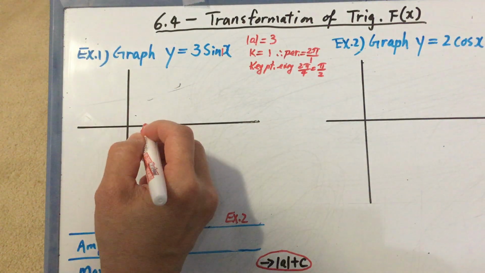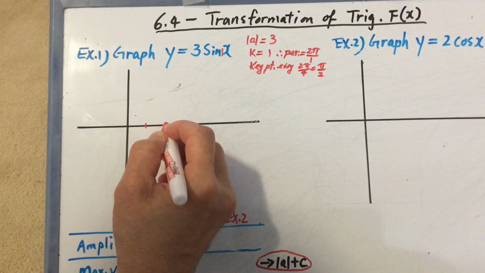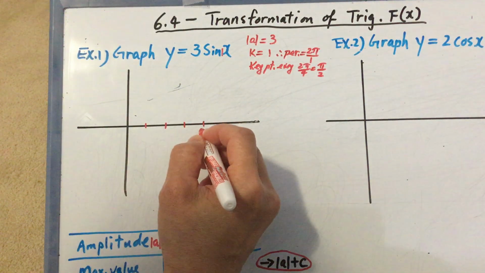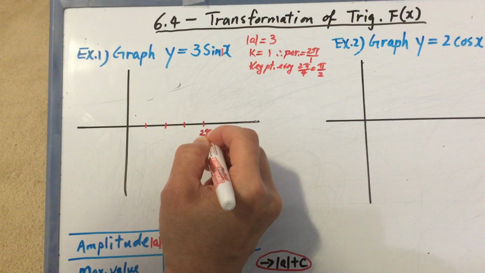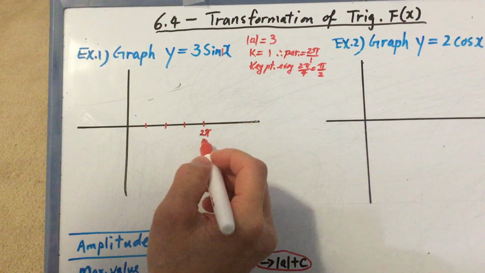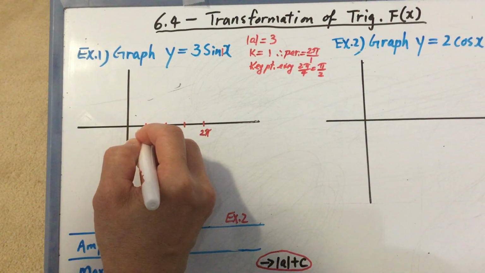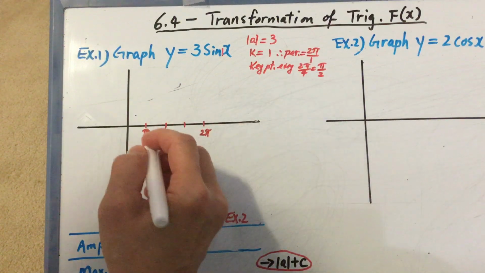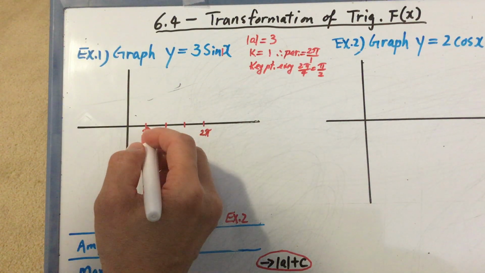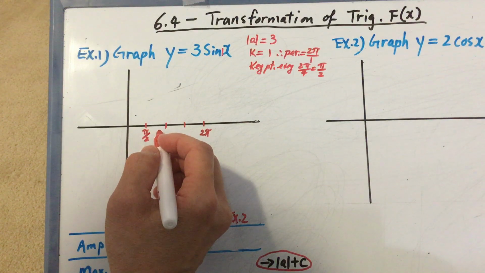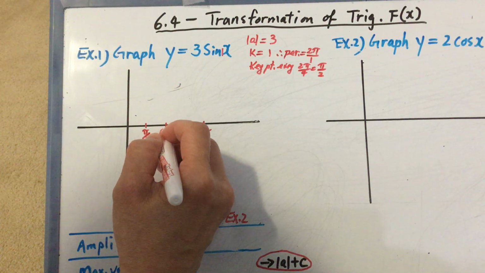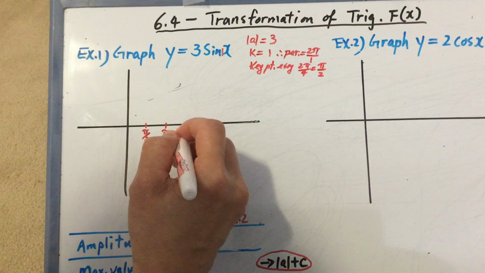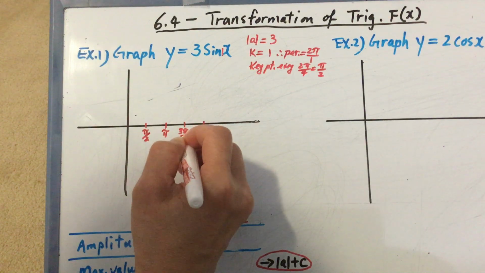So on the graph, I can quickly give myself 4 equal parts, and the last will be the 2 pi, because I should have a period of 2 pi, and every quarter of it will be a pi over 2. So every key point will happen every pi over 2. When you add another pi over 2, that will be 2 pi over 2, which is a pi, which is 180. Adding another pi over 2 will give you 3 pi over 2.